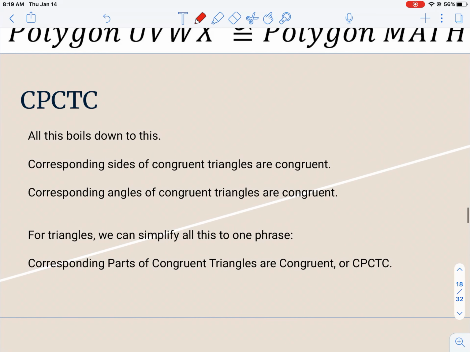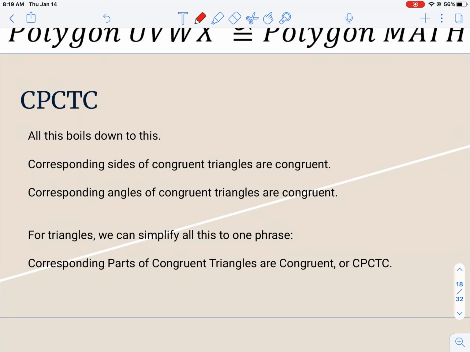So basically what we call this is one simple phrase. Corresponding sides of congruent triangles are congruent: you have 1 slash and 1 slash, 2 slashes and 2 slashes, 3 slashes and 3 slashes. Same with the corresponding angles: if you have 1 arc and 1 arc, 2 arcs and 2 arcs, 3 arcs and 3 arcs, those angles will be congruent.